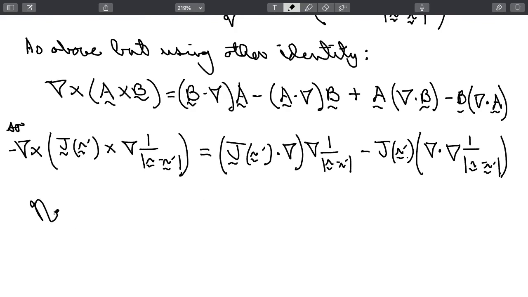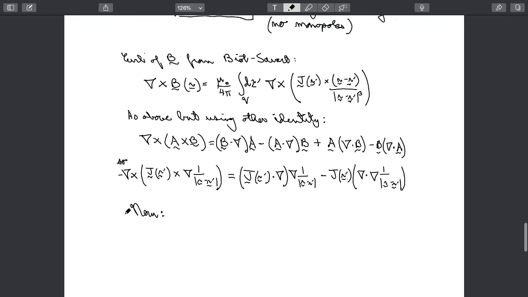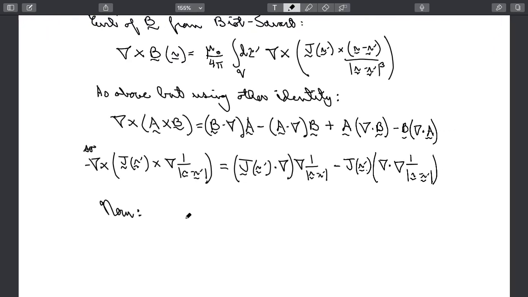Now, we have a fabulous identity, which is somewhere buried in chapter 1, but this one is almost worth knowing by heart.